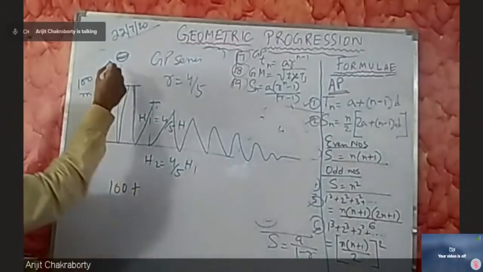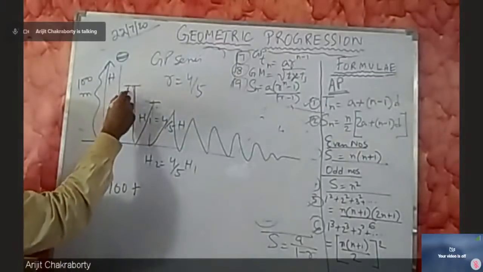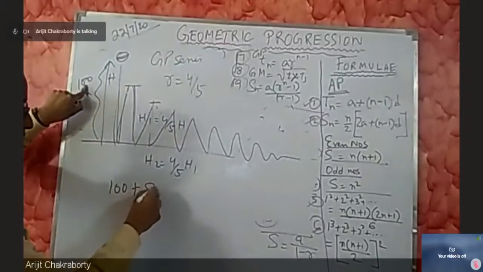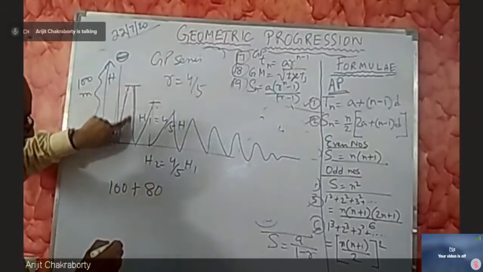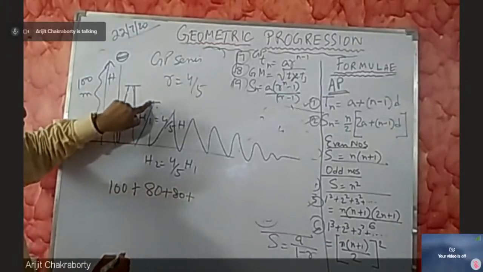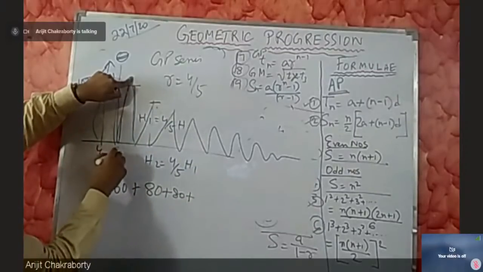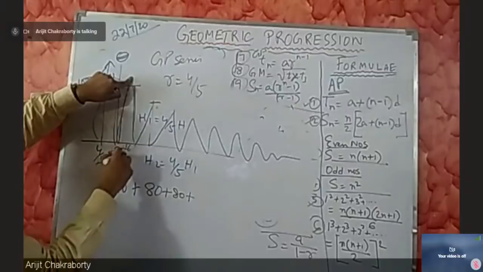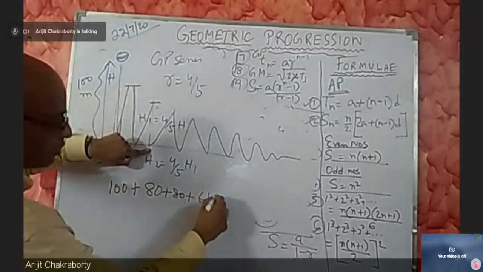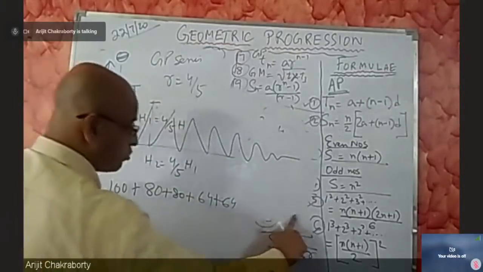Now the ball comes down, 100 meters it has covered, now goes up 4/5 of 100, which is 80. Again comes down 80, so plus 80. Again goes up to 4/5 of 80, which is 64. Again comes down 64. Again goes up to 4/5 of 64. In this way it moves on.